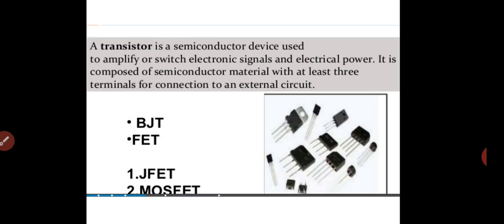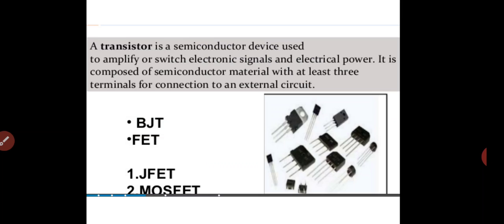It is composed of semiconductor material with at least 3 terminals for connection to an external circuit. There are BJT and FET. The bipolar junction transistor, which we discussed earlier, is a 3 terminal device: emitter, base and collector.